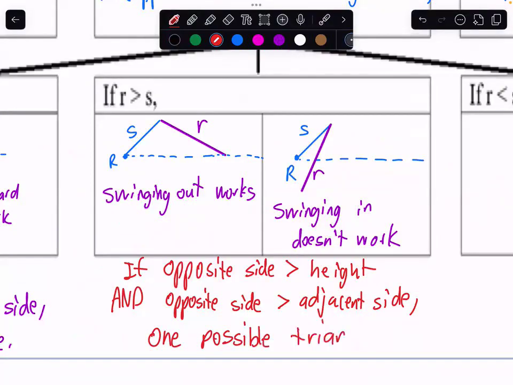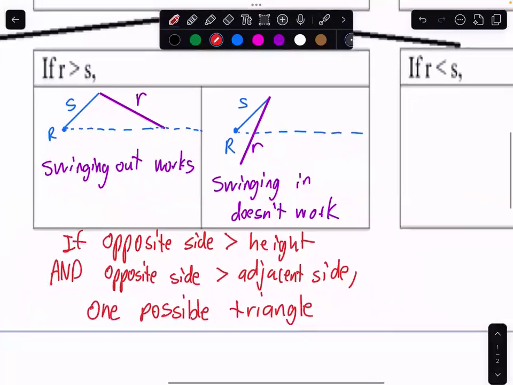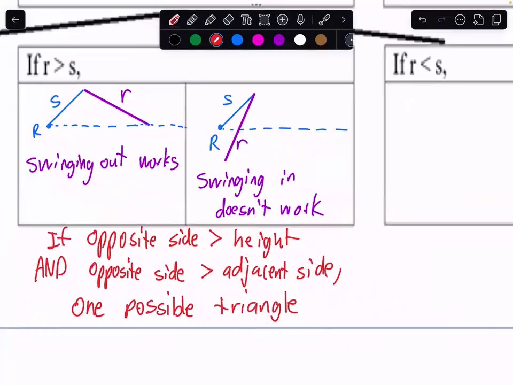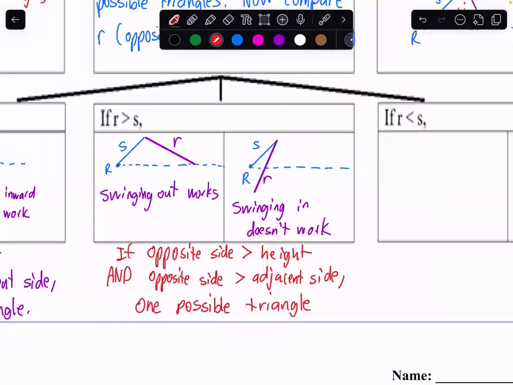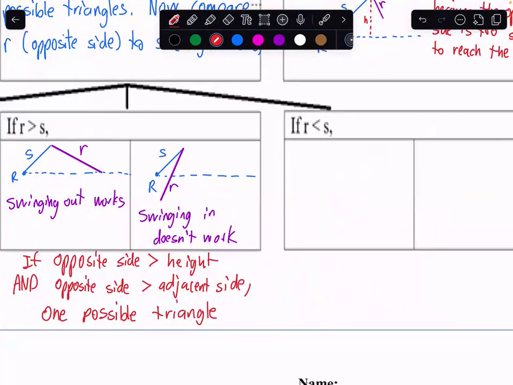So this also leads to one possible triangle. So there's only one possibility left, right?